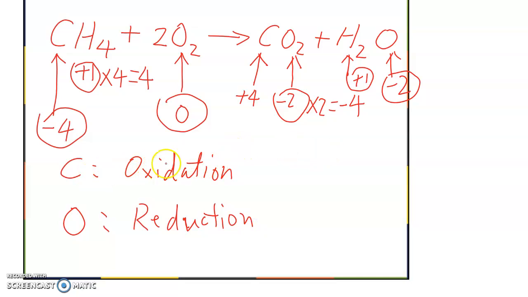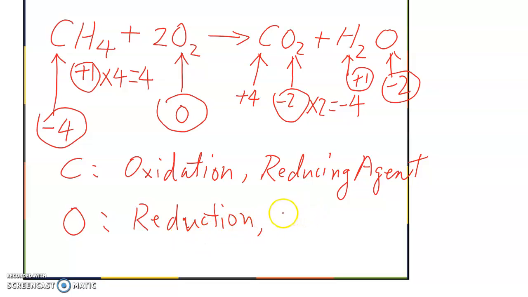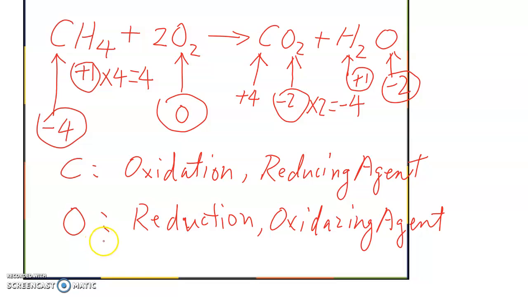When an element is oxidized, that means it's also a reducing agent. When an element or atom is reduced, that means it is also an oxidizing agent. That's why oxygen usually oxidizes something else.